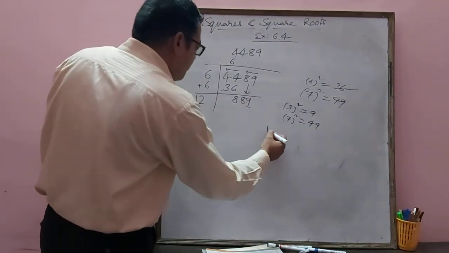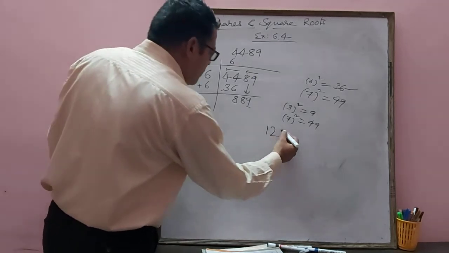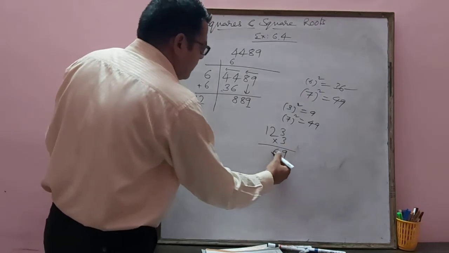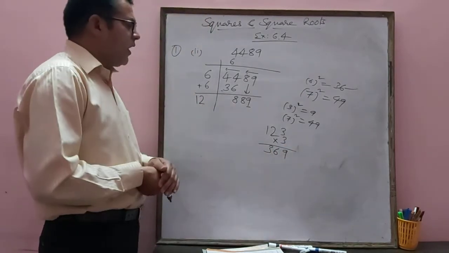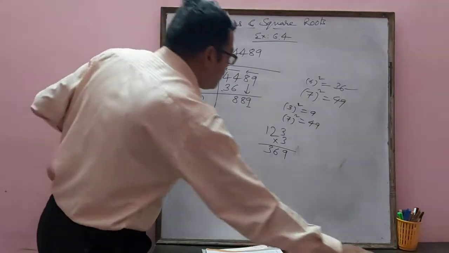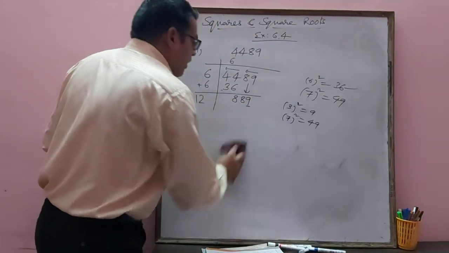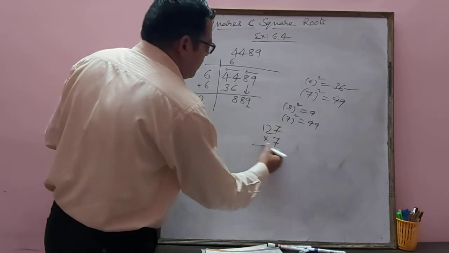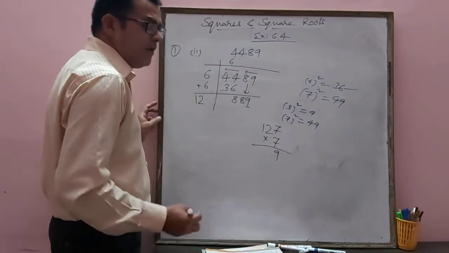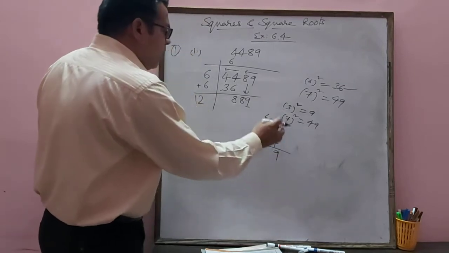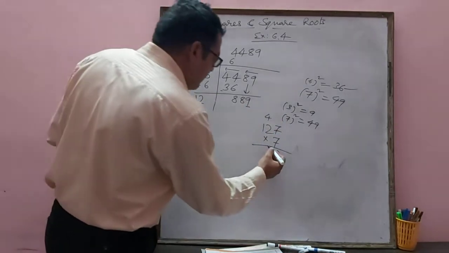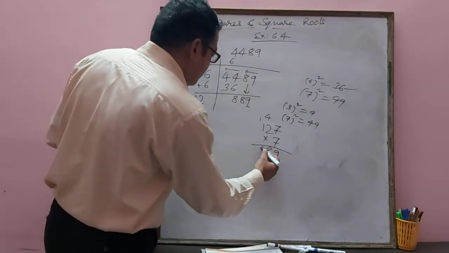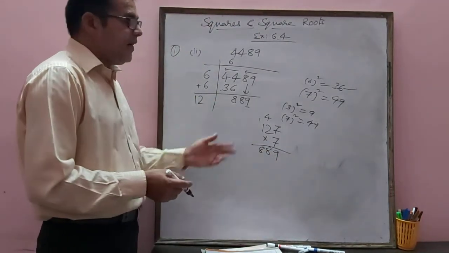So 12 we already have. If we put 3 here, and if you multiply this by 3, 3 3s are 9, 3 2s are 6, 3 1s are 3. We have 369. This is short of 889. So let's check for 7 now. 12 already we have, put 7 here, multiply by 7. 7 7s are 49. Carry is 4. 7 2s are 14. 14 and 4 is 18. 8. Carry is 1. 7 1s are 7 and 1, 8. So you can see 889 we have.